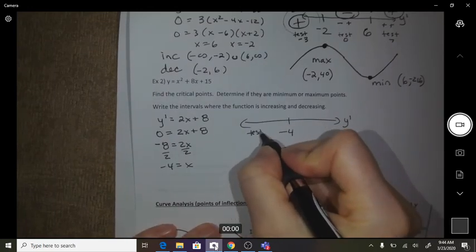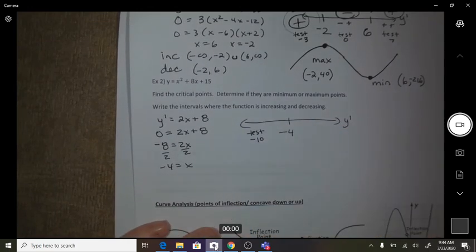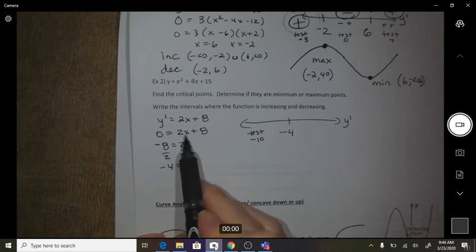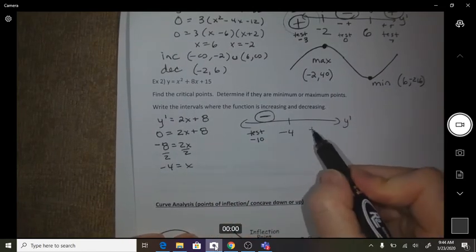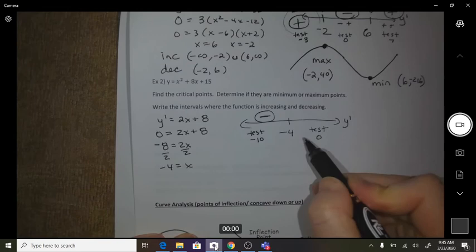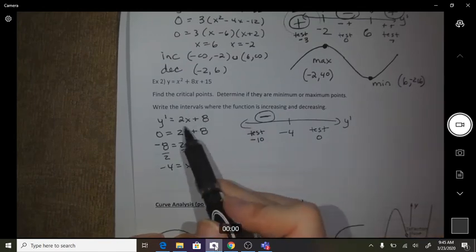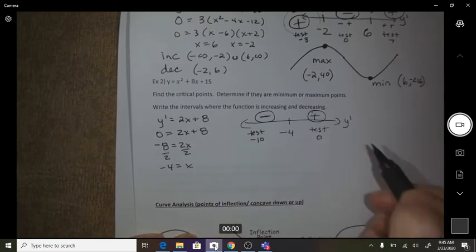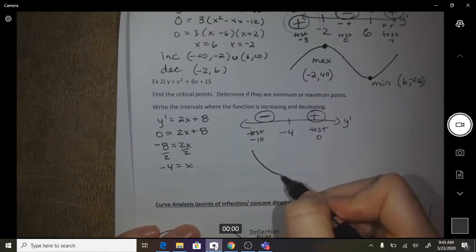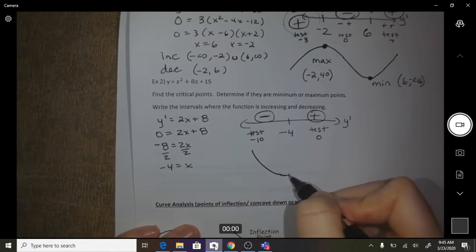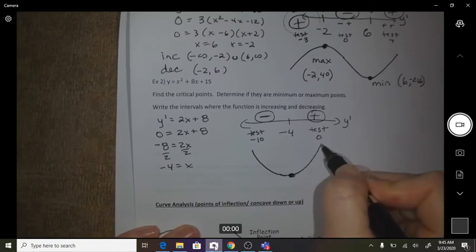So we'll test something lower than that. So when I plug this in, negative 20 plus 8 is negative, and then something above negative 4, this is positive. So my function is decreasing, and then it hits a critical point, and then it's increasing.